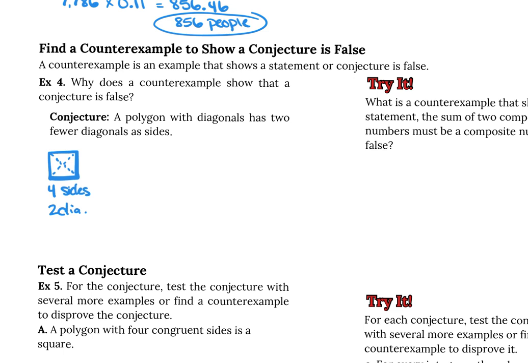Let's move on to 5-sided. That's 6-sided. Hold on, let me try that again. There we go, 5-sided. Okay, so 5-sided, if I draw my diagonals, let me try this again.